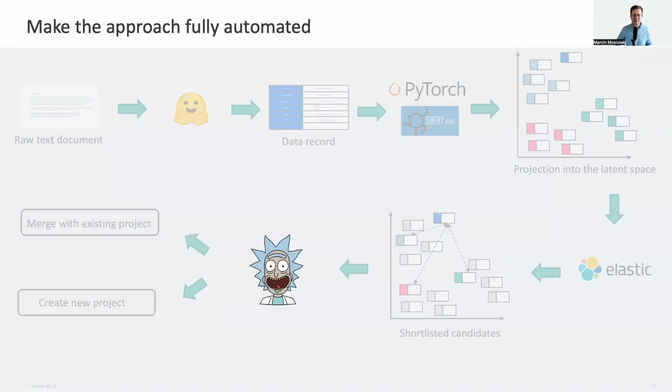So what are the next steps? We still have a semi-automated approach and we ask humans to take the final decision. However, one day we could consider replacing humans with AI, like building a classifier to determine if shortlisted candidates constitute duplicates without any human intervention.